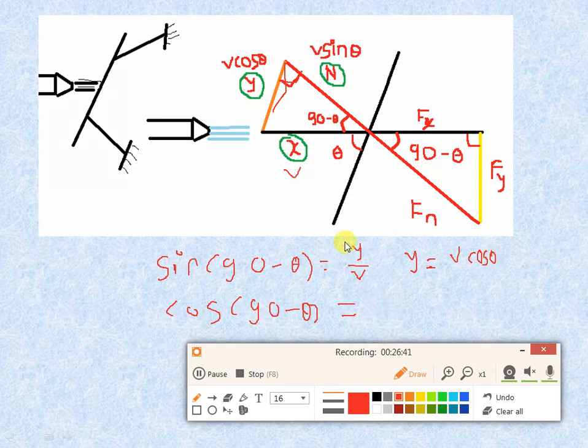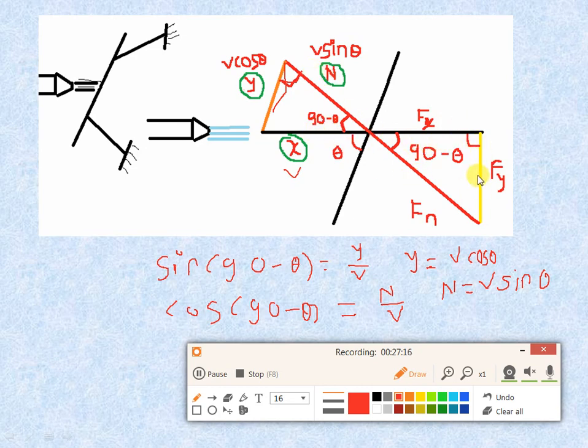Similarly, cos means adjacent side divided by hypotenuse, so n is equal to v cos 90 minus theta, which is v sine theta. Now you can see that the n direction velocity is v sine theta and the y direction velocity is v cos theta. The force along the x direction is Fx, along the n direction is Fn, and along the y direction is Fy.